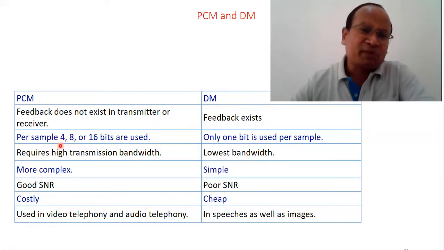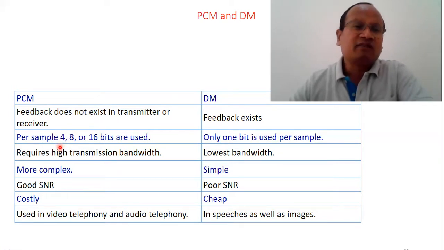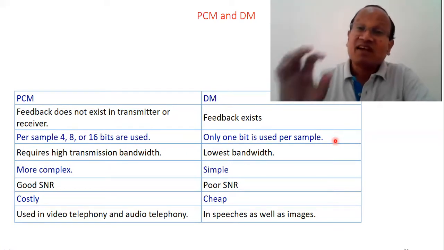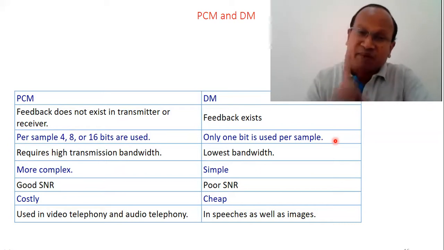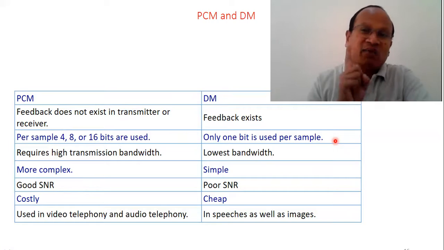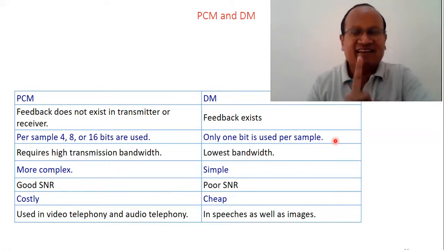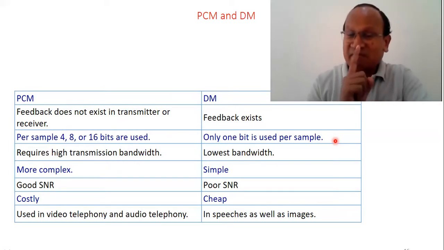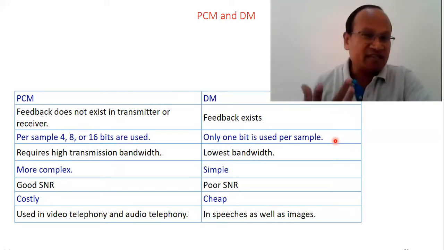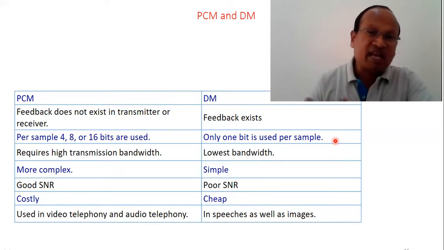In PCM, samples utilize 4, 8 or 16 bits per sample. Whereas in delta modulation, that's a big difference. For all these samples, in the encoding, only one bit per sample is needed. Whereas in pulse code modulation, it may be 4 bits, 8 bits, 16 bits, and so on.